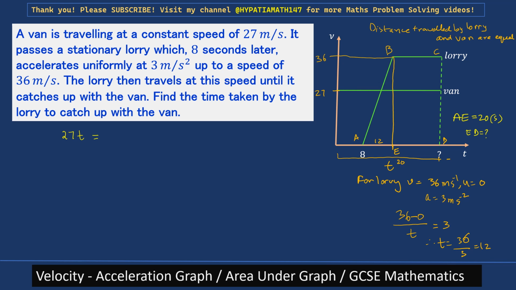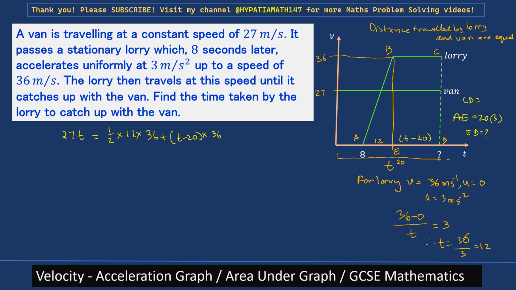So first the triangle, half times 12 times 36, and then plus this bit, which would be t minus 20, multiplied by 36, because CD is 36.